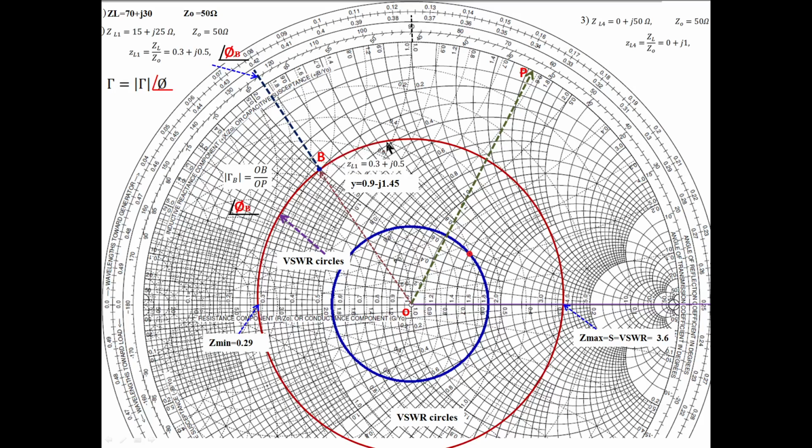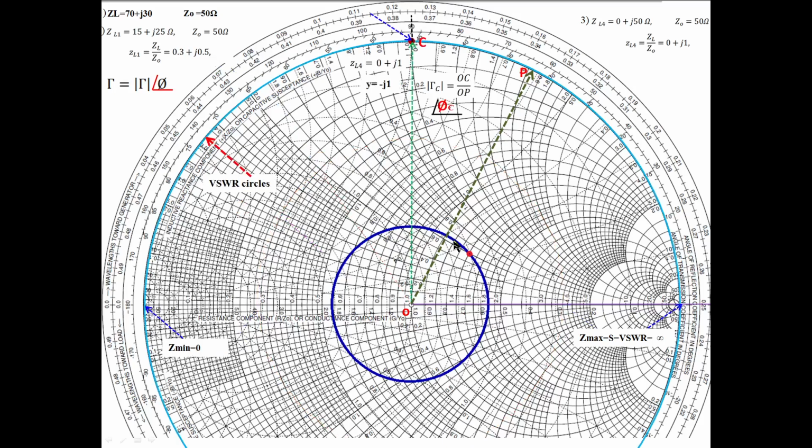Over this circle we move like this, and wherever the VSWR circle intersects here, you stop and read the value. That is always a resistance on the horizontal line. So this is VSWR and also normalized Z maximum. Like this, for any load you can read the VSWR value and also Z maximum.